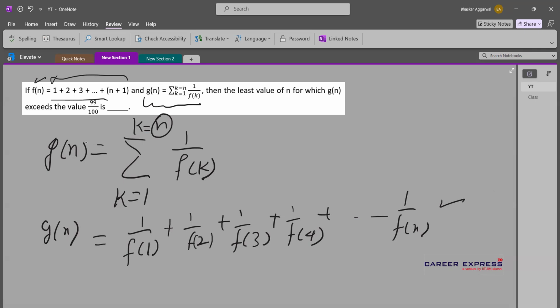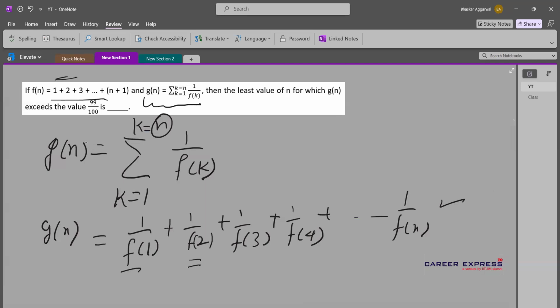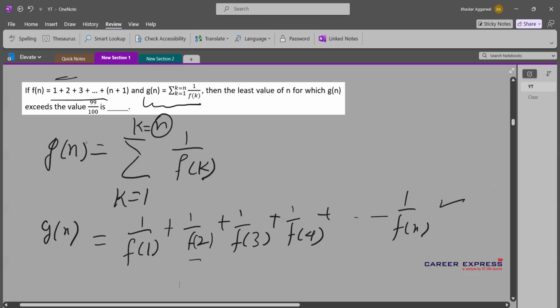Now how do we get the values of f1, f2, f3? We will get them from here. f1 will be the sum from 1 to n plus 1, so it will be the first two numbers.